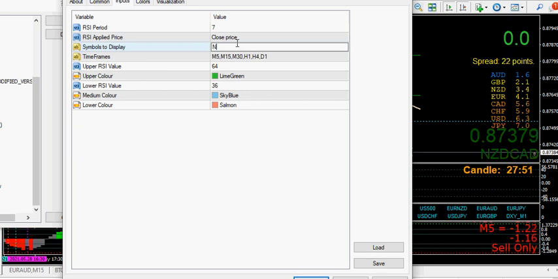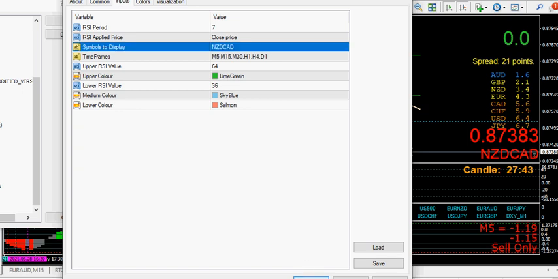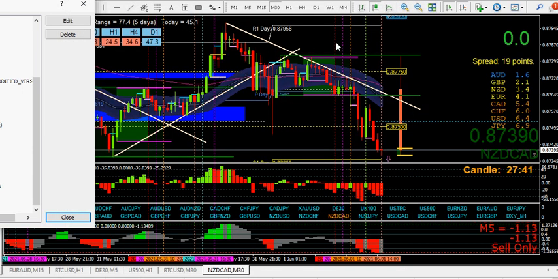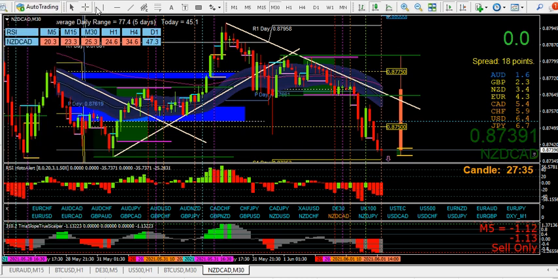Capitals NZD CAD. I vary between 7 and 8 on the histo. It doesn't make a lot of difference. I've been testing 7.